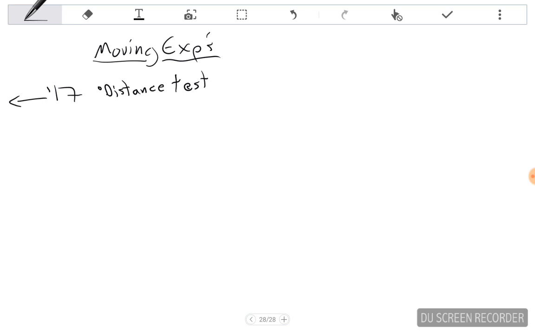So I'm not going to make you memorize this for your test. There is a homework problem that makes you do a moving expense form, and just some of the main stuff to remember is what it was for. It was for moving your stuff.